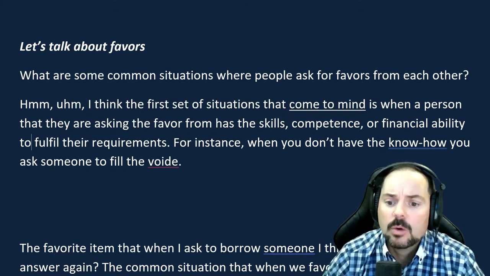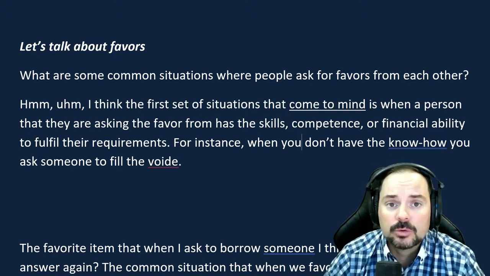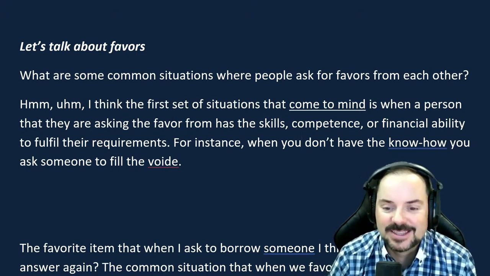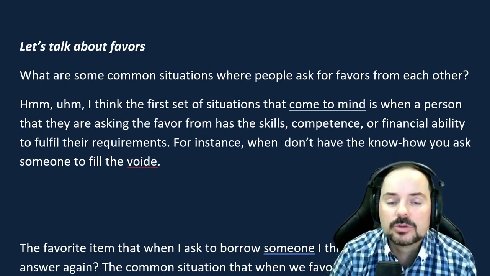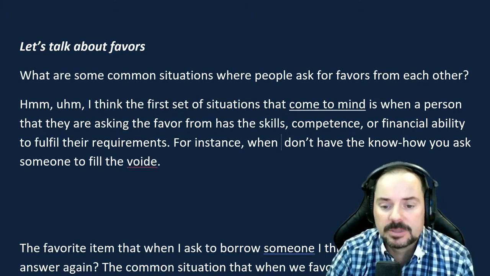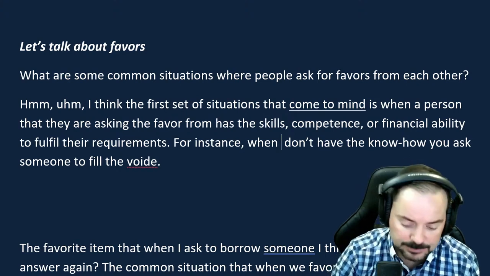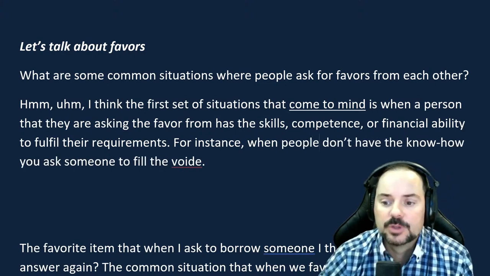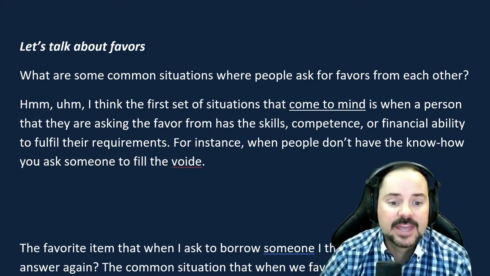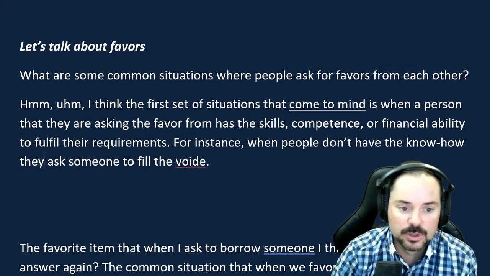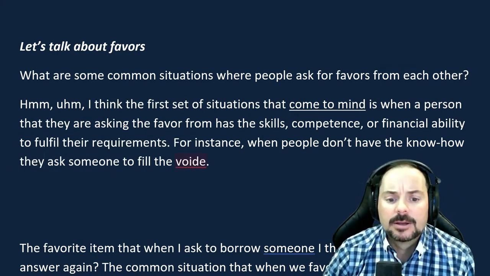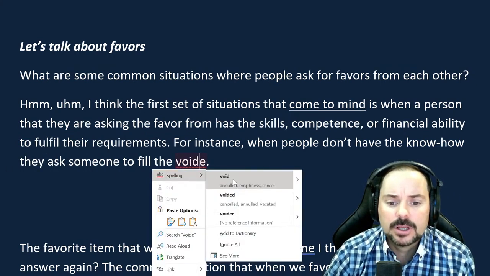For instance, when you don't have the know-how, avoid the word you. I think this is the third time I've said this in this class, but don't use the word you. Use the word people instead. So for instance, when people don't have the know-how, they ask someone to fill the void. That was good.